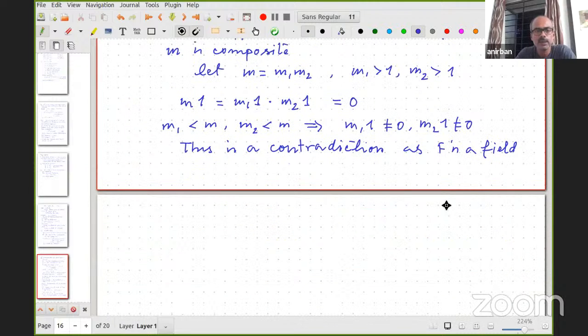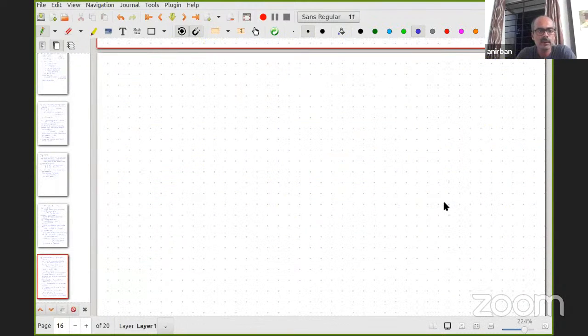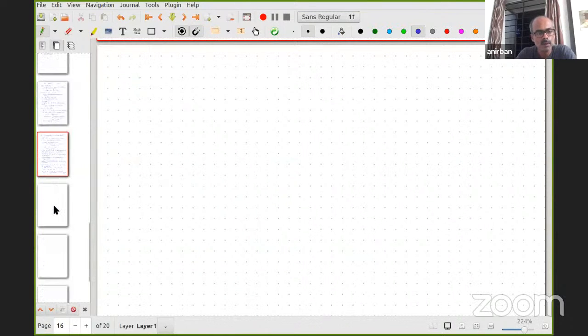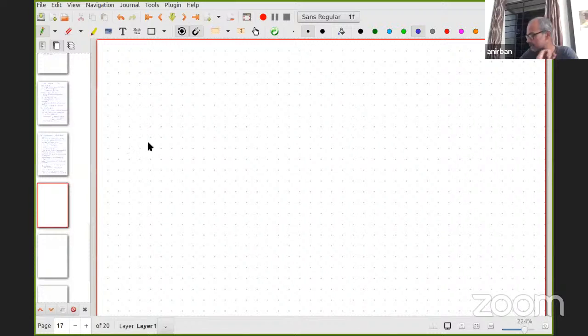That being said, we can say something about the order of a general finite field, and that's the next thing. That's the first theorem.